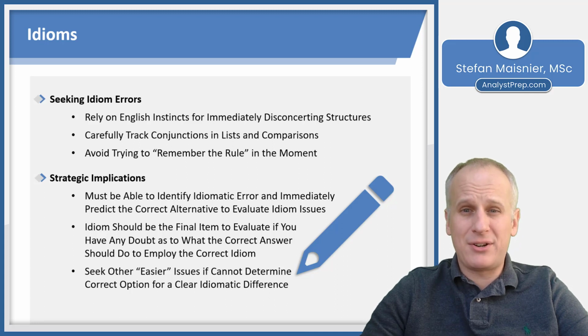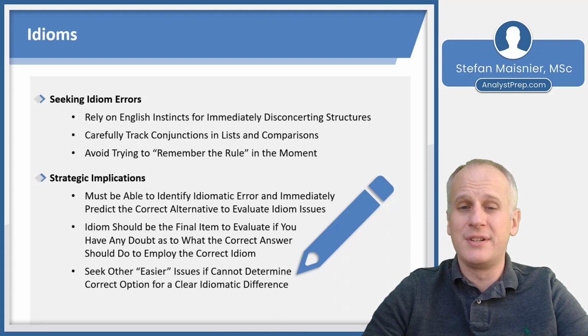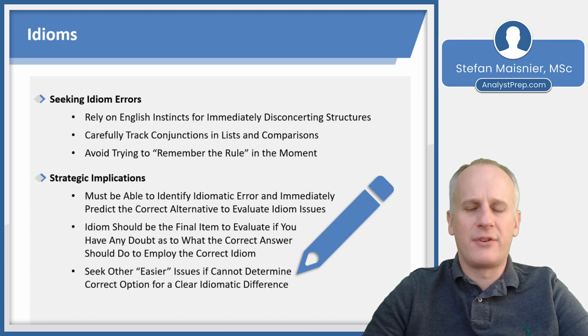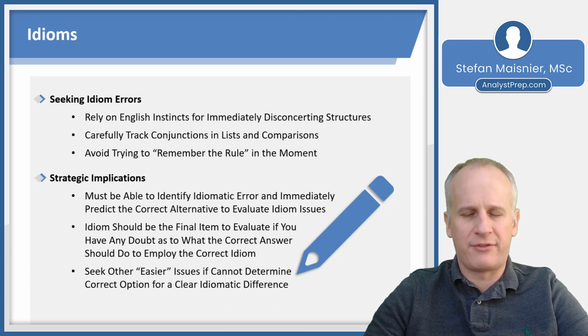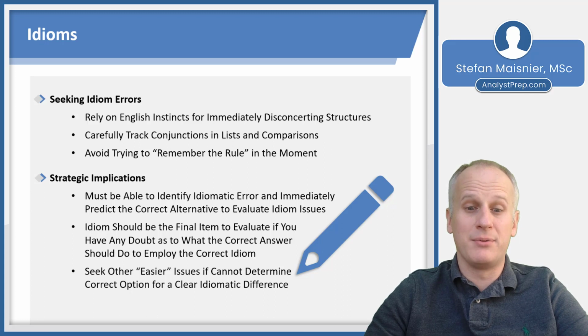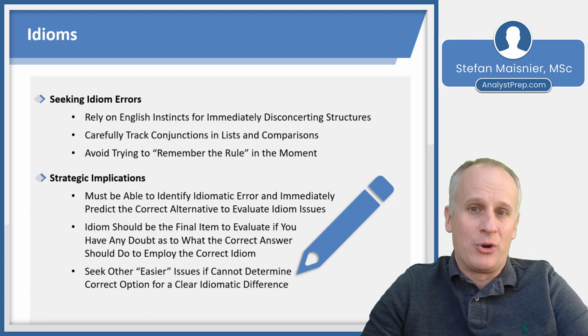Again, especially the first 3 common issues that we've talked about in other lessons of subject verb agreement, verb tenses, and pronouns or articles, because those issues can be more definitive for most GMAT test takers if they just track the subject and verb, if they just track the pronoun and article and their reference. It's easier to force yourself to the right answer there as opposed to knowing an idiom or not in many cases.